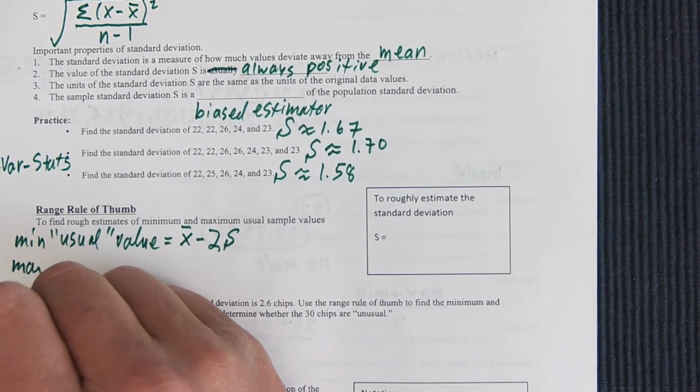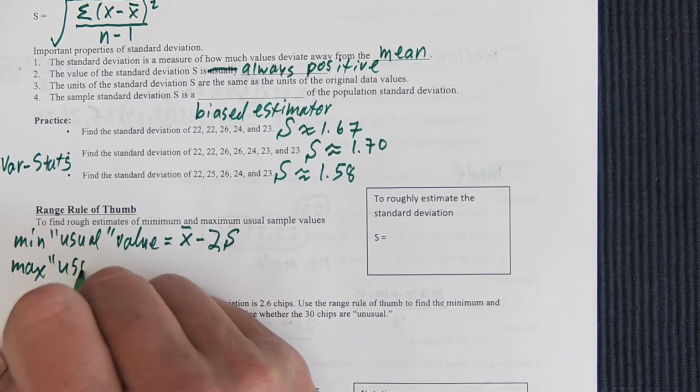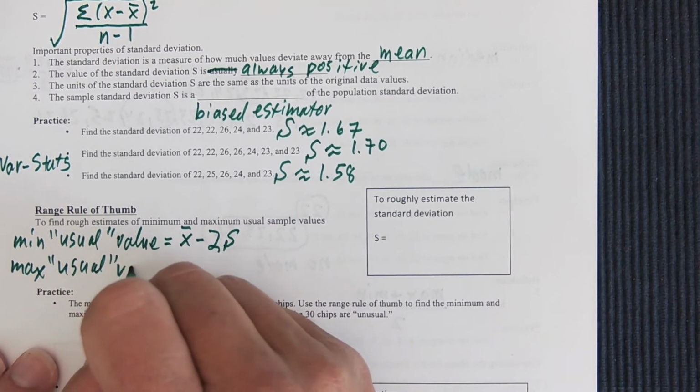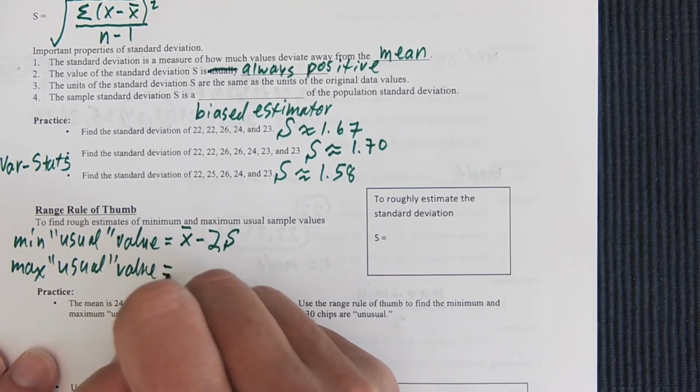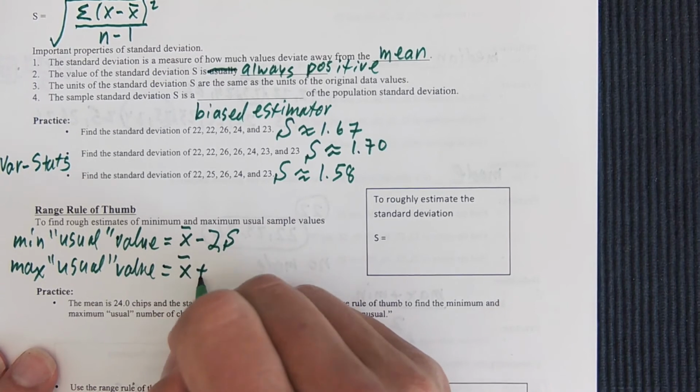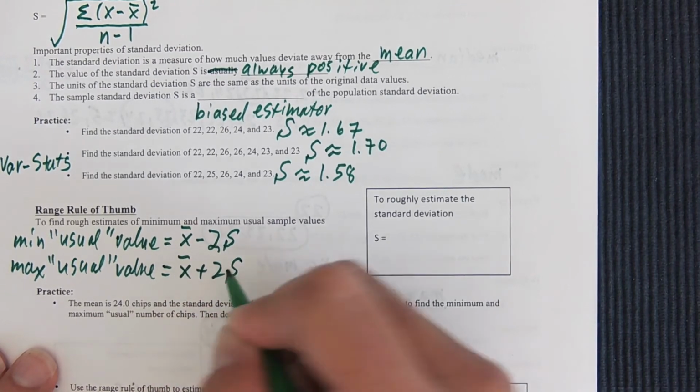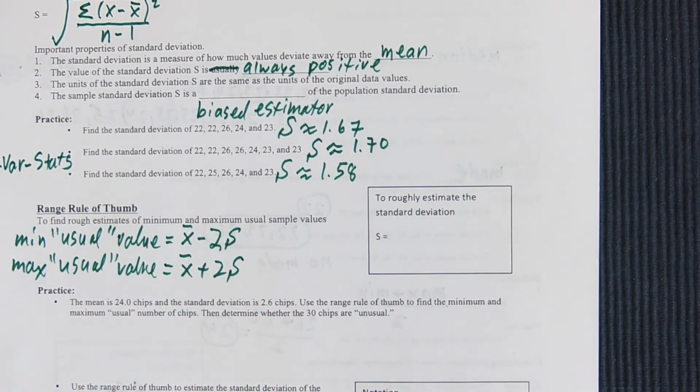And the max usual value is going to be the mean plus 2 standard deviations. We'll learn why it's 2 standard deviations a little bit today, but when we get to chapter 5 and 6, we'll be able to actually calculate that and view that.